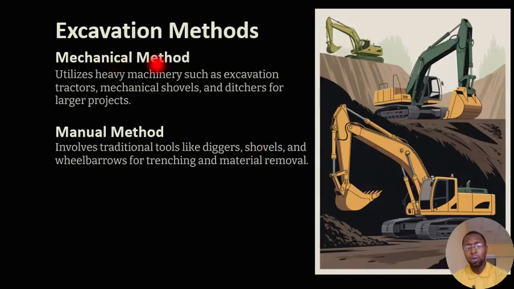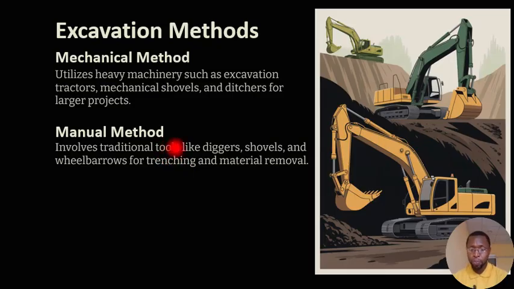This is the best if you can afford it. But if it cannot be afforded, then you can switch to the manual method. The manual method involves the use of traditional tools like digger, the shovel, the wheelbarrows for trenching and material removal. So any of them works depending on what is available to be used.